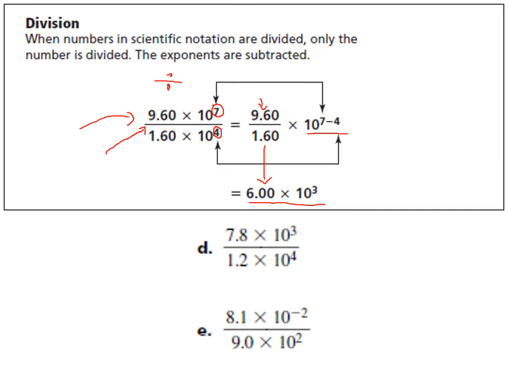So let's do this example together here. D. There are a few more examples in the packet that you're given. So you have 7.8 divided by 1.2, and if you put that in your calculator, you get 6.5. And then you have to do your 10 to the power of 3 over 10 to the power of 4.